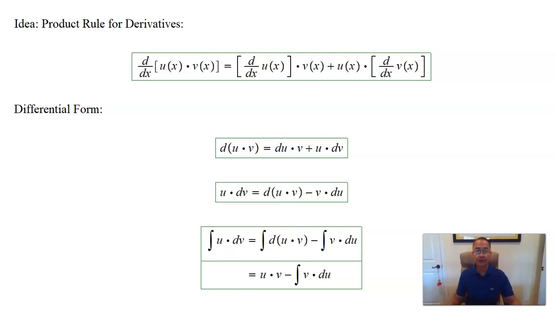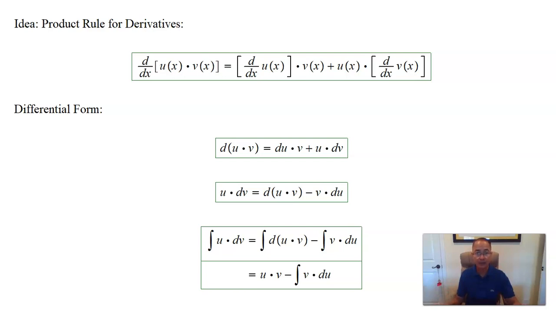So the differential of u times v is the differential of u times v plus u times the differential of v. We don't have derivatives in this equation, we have differentials. What are we going to do? We are going to move one of the terms. We have du times v plus u times dv on the right side.